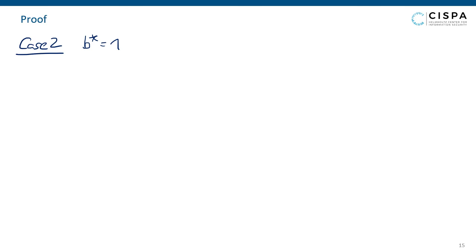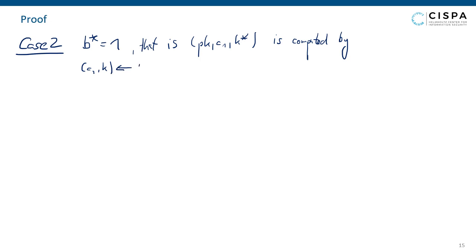That is, our pk, c1, k asterisk is computed by first c1, k is computed by running the encaps algorithm on pk.